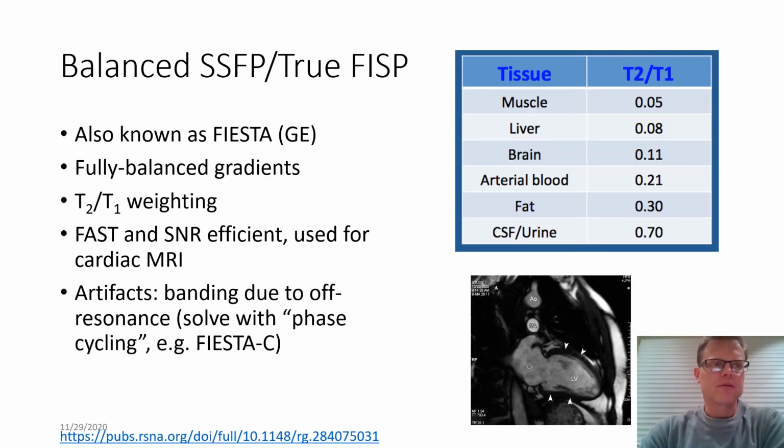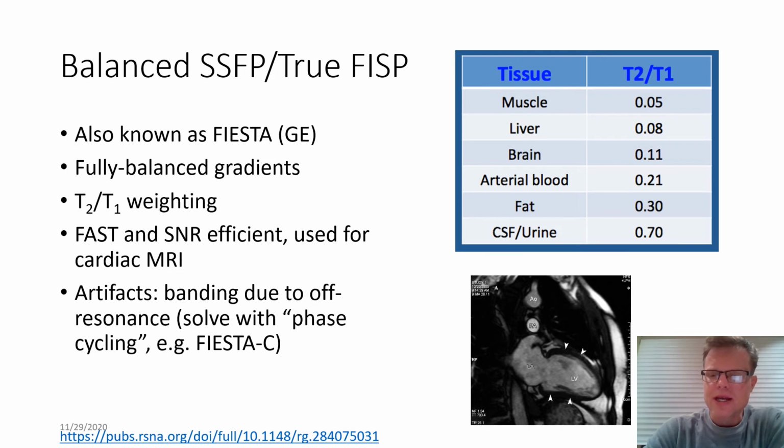Now, the other interesting technique that I want to talk about is so-called balanced SSFP, true FISP, FIESTA sequences, and they have what is called, and I'll illustrate on the next slide, fully balanced gradients. And they lead to this interesting T2 over T1 weighting.